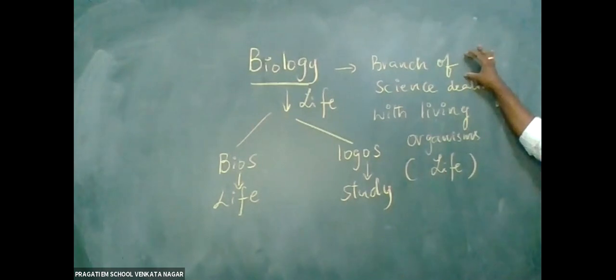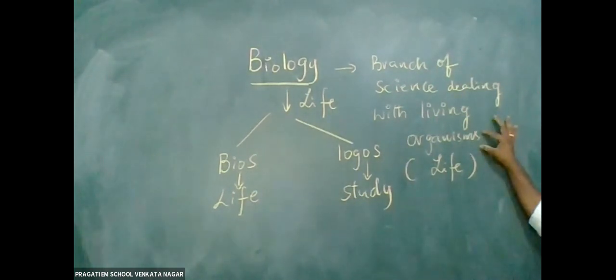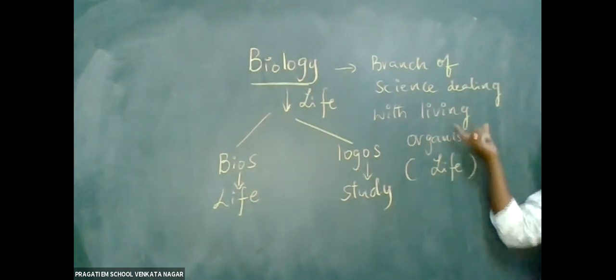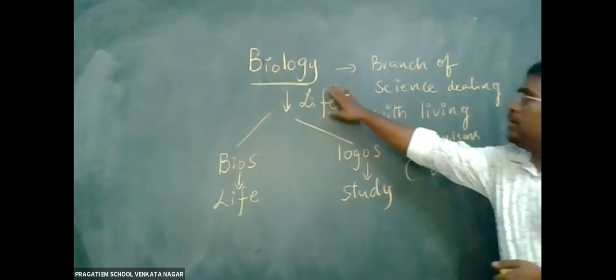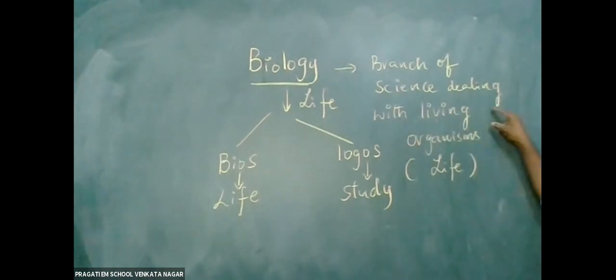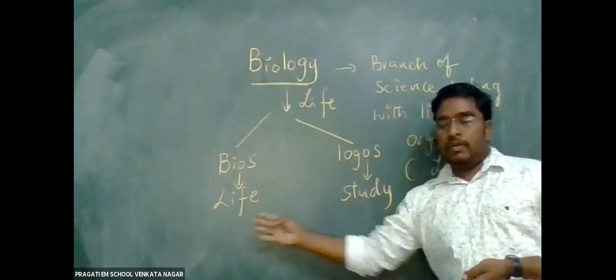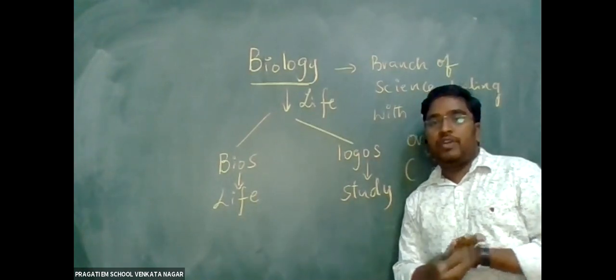It is a branch of science dealing with living organisms which contain life. The organism which contains life. So biology is a branch of science which deals with living organisms. It is a study of life.